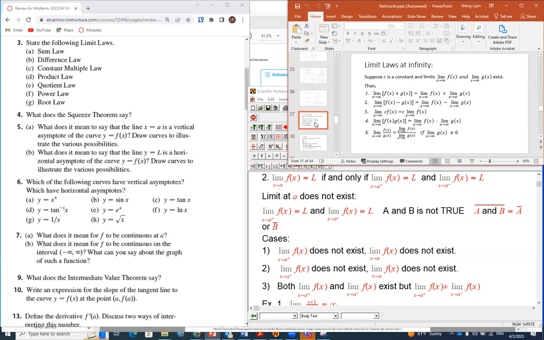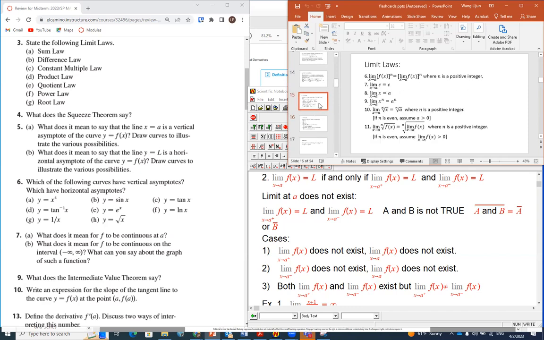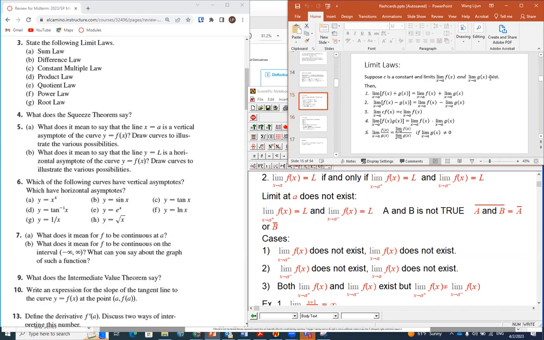We have to understand that whenever we use these limit laws, we have to check that the individual limits exist beforehand. Before you apply the law, you have to check the individual limits exist. If there are 5 individual limits, then you have to check that every one of the 5 exists. That's most important.